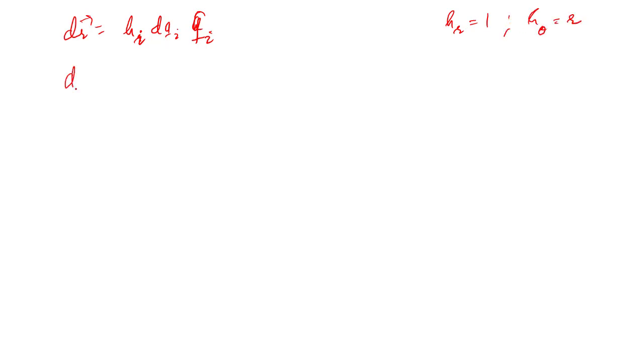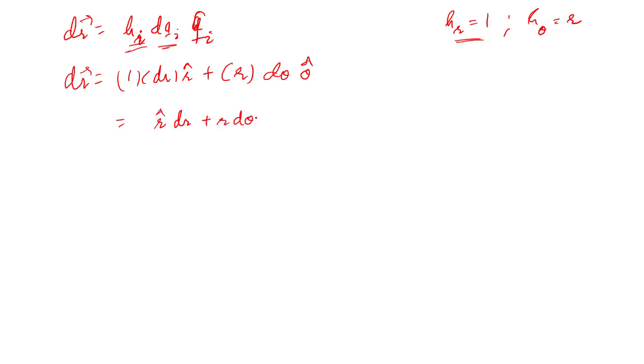Then I can write dr as h_1, which is 1, times dr along r, plus h for theta, which is r, and that coordinate is d theta along theta. So the line element there would be dr along r plus r d theta along theta.